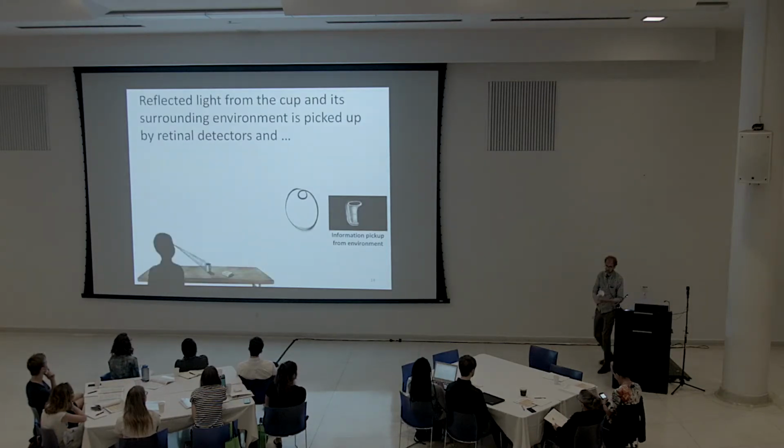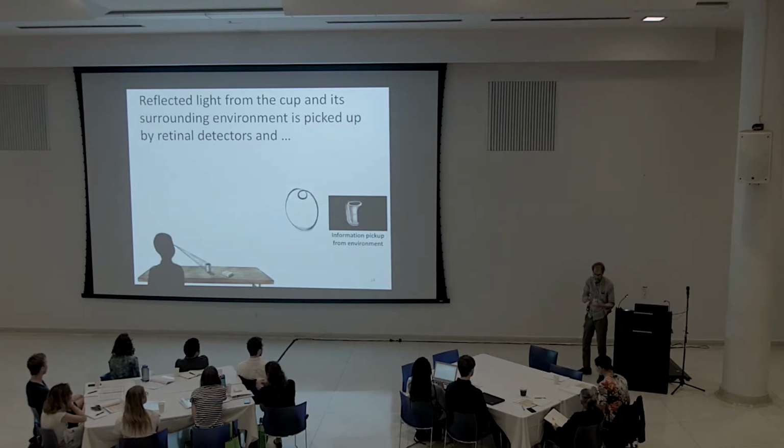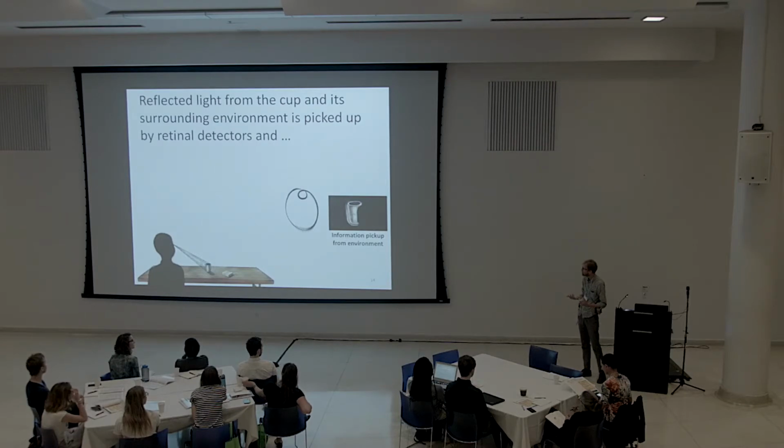So I've got this object in front of me, and light is reflecting from it, and also there's vibrations that are creating air pressure, and I'm detecting it with my eardrums. So you could say that light is reflecting, or the air pressure, there's sensation from the object. Information pickup.